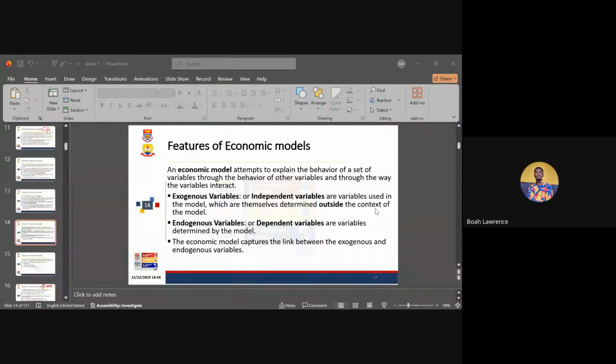Course rep, do you want to answer what is a variable?